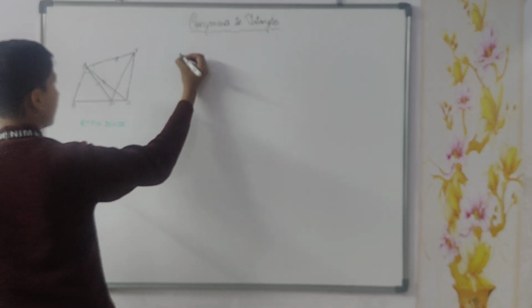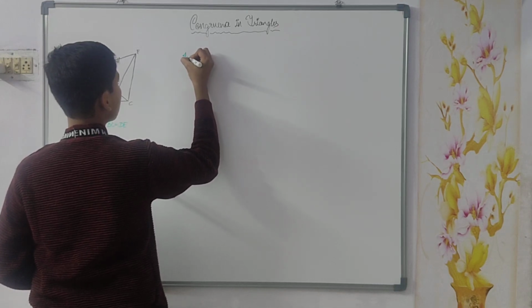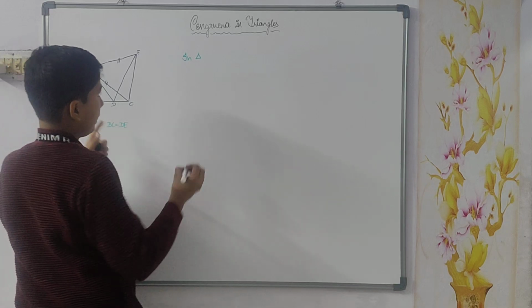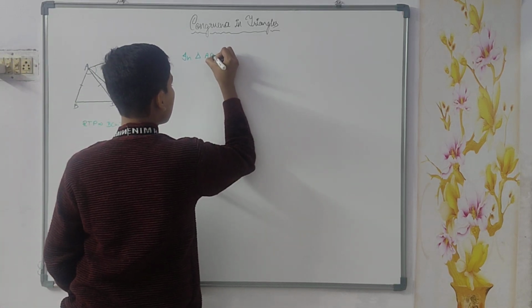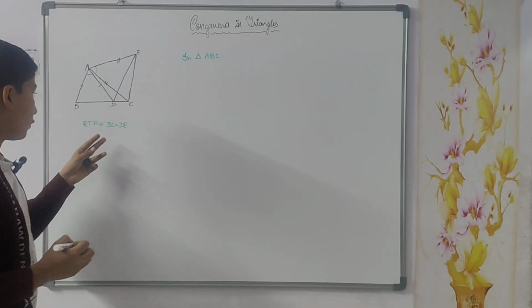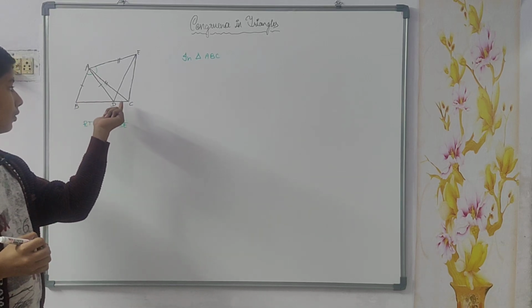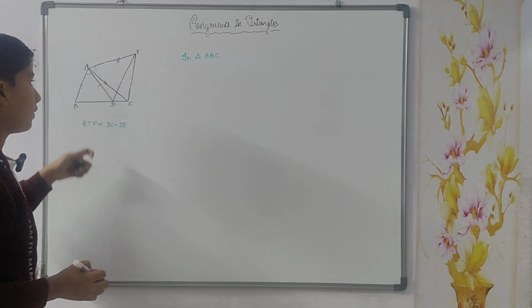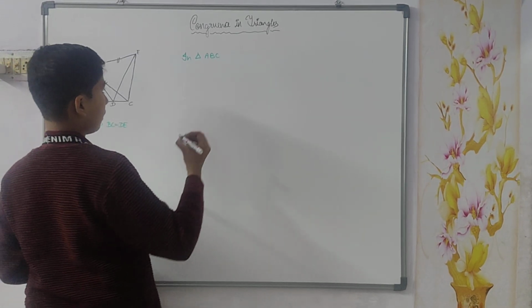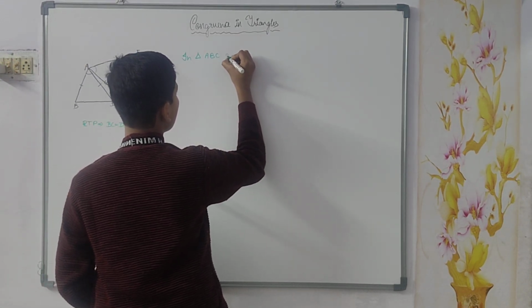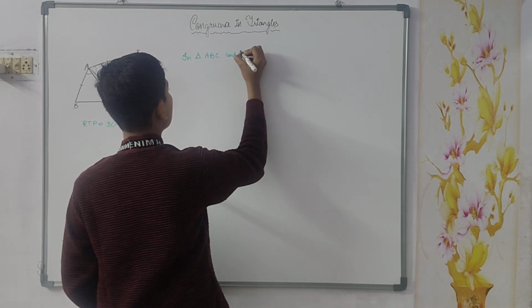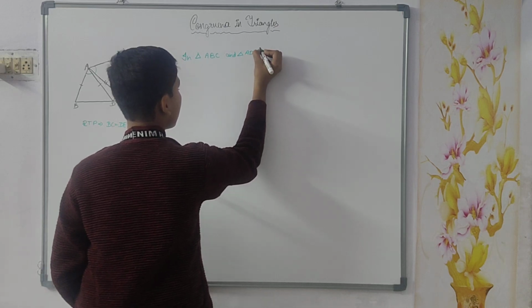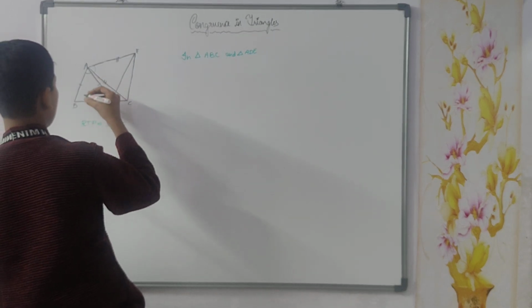So first, in triangle ABC, because we have to prove that BC equal to DE. There are only two triangles which can be seen in this figure, so we'll choose both of them. In triangle ABC and triangle ADE, what are the common things?